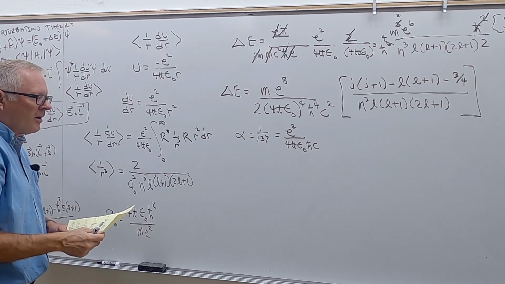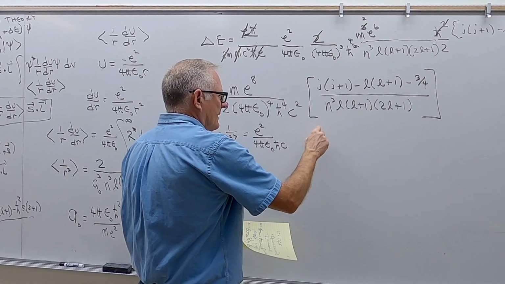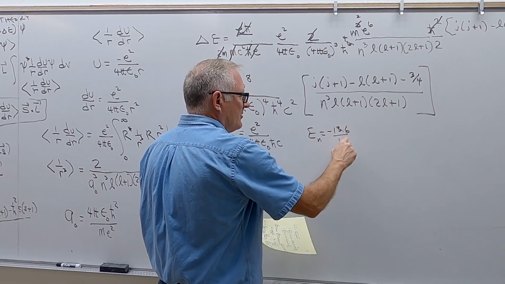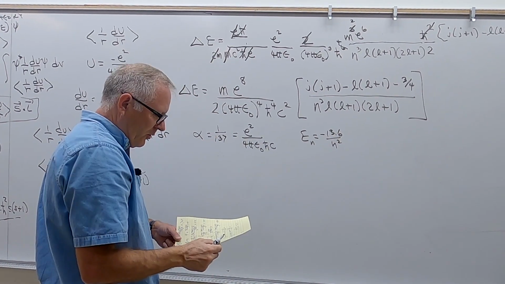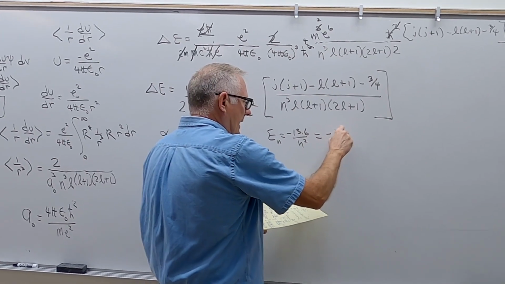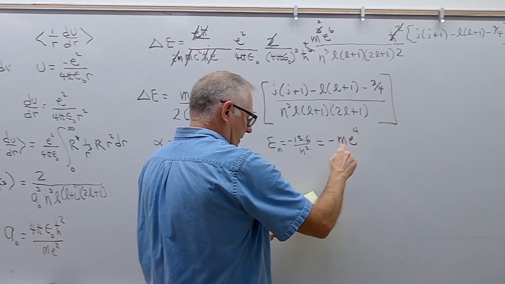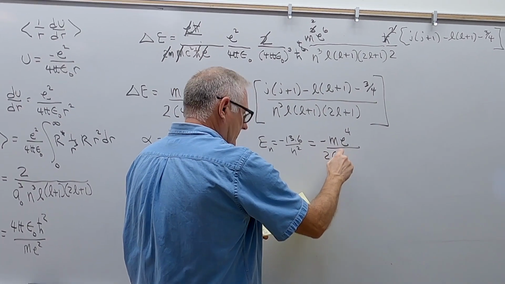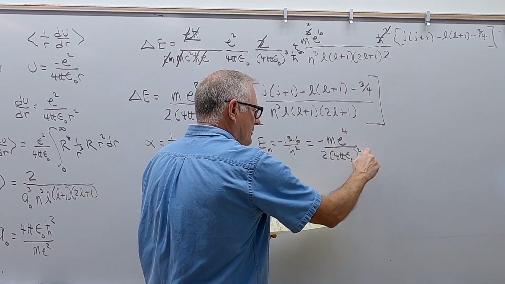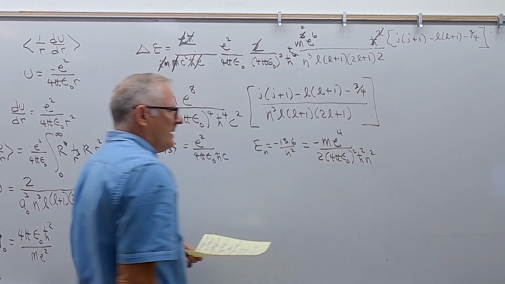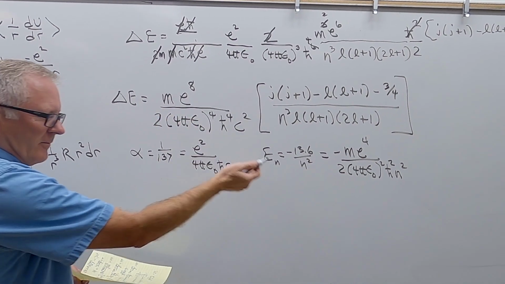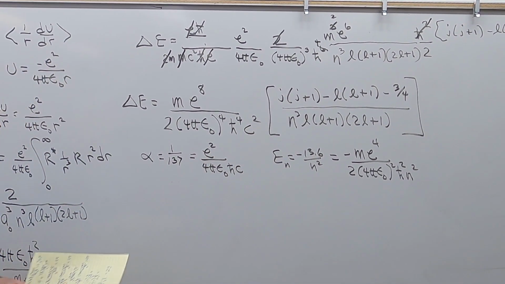And we also had our Bohr energies, E sub n, which we said was minus 13.6 over n squared. But if we put it in terms of all the letters here, it was minus m e to the 4th all over 2 times 4 pi epsilon naught squared h bar squared n squared. So that was just what we got from the Bohr, which was the same in quantum, and here was our fine structure.